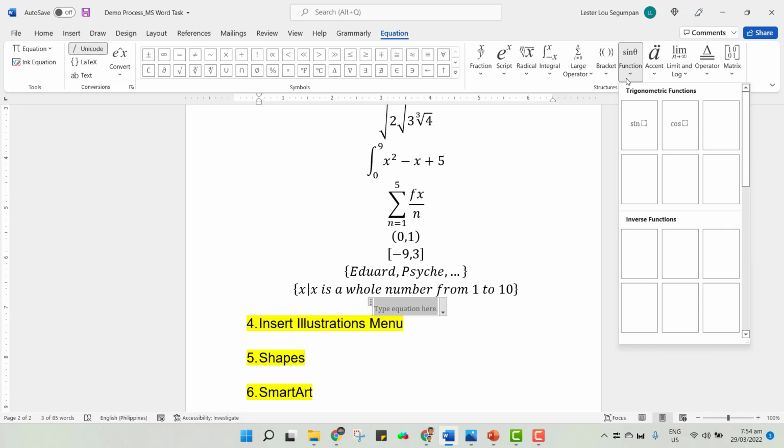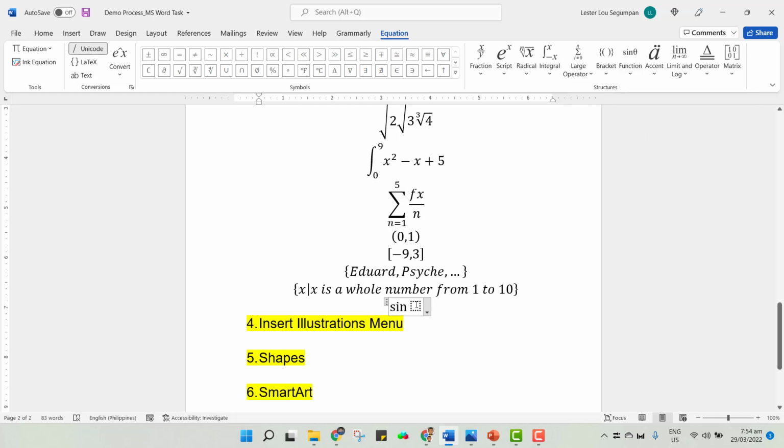You also have for your trigonometric functions, inverse functions. So you have sine 60, sine 90. If you don't know the value, you could also insert theta, or some others will say theta. Let me see if there is a shortcut for theta. There is.